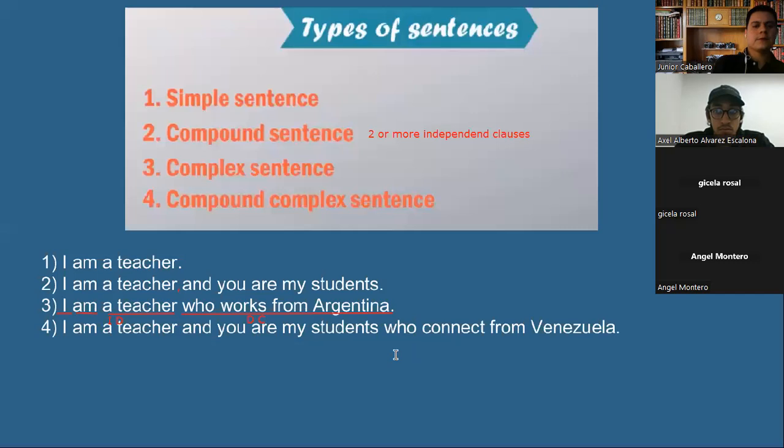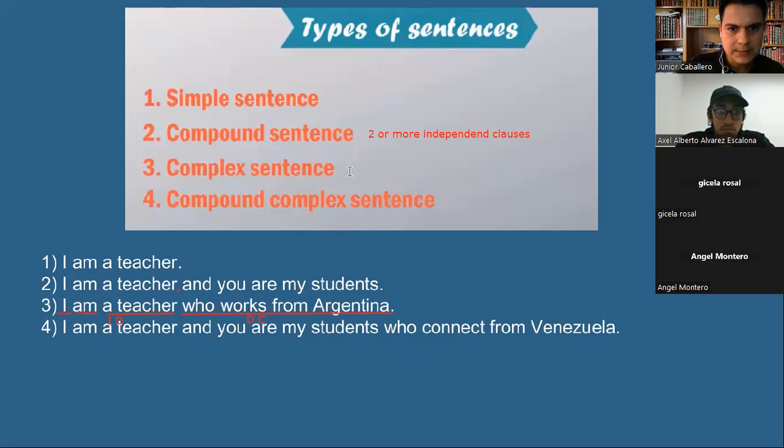¿Y qué tipo de oración? What type of sentence has one dependent and one independent clause at the same time? Complex sentence.